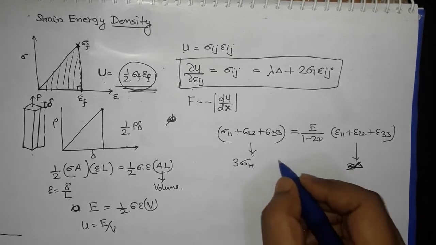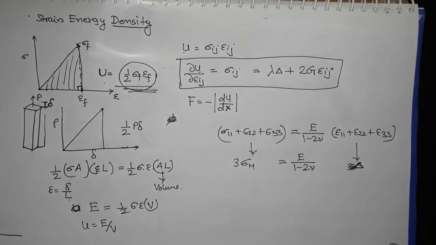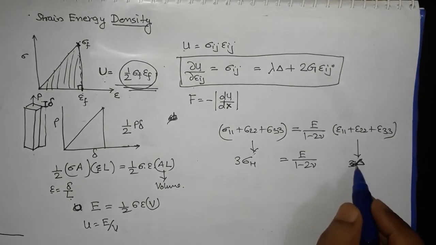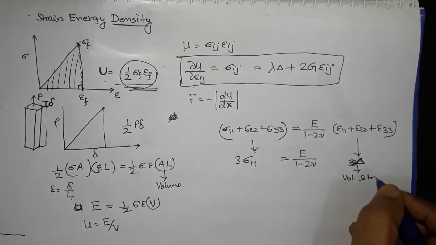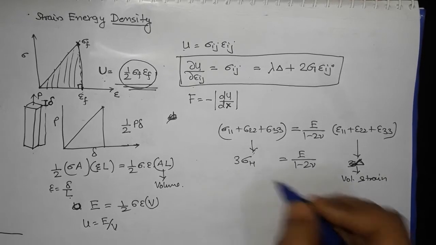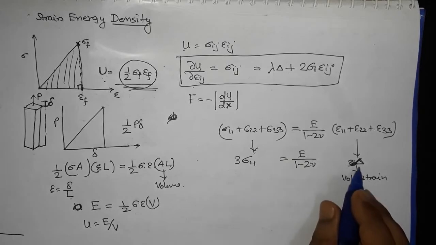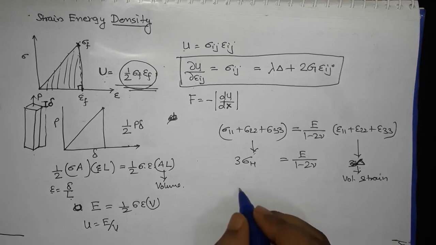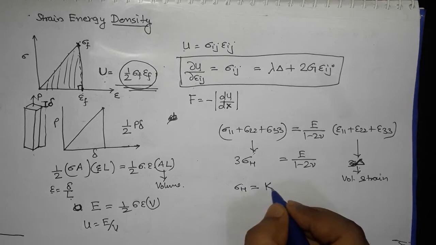So this becomes equal to E by 1 minus 2 mu, right? So this is volumetric strain, okay, and this is hydrostatic stress. So what is the relation between hydrostatic stress and volumetric strain? The relation between hydrostatic stress and volumetric strain is called bulk modulus, right?